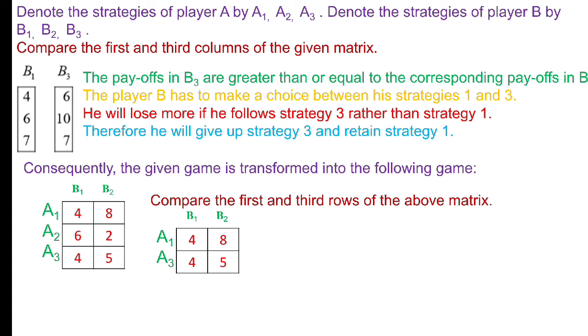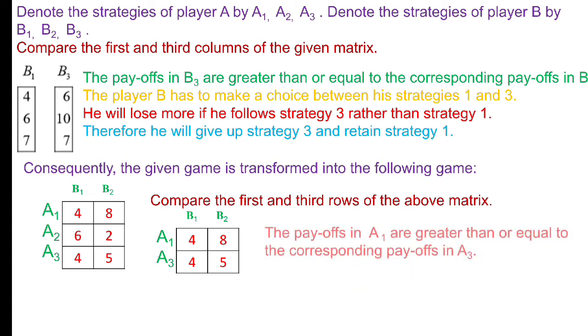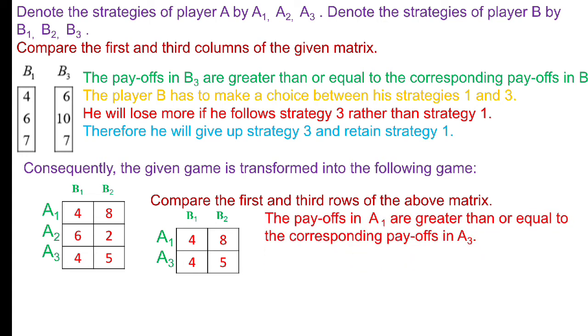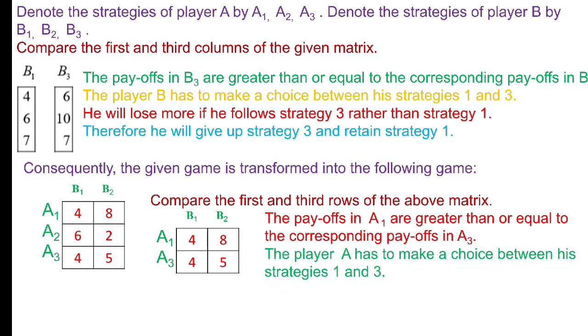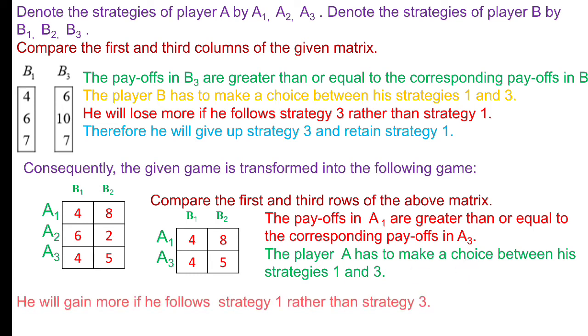So player A has to make a choice between strategies 1 and 3. Therefore strategy A3, with the row minimum, will be deleted. Then we'll consider A1 and A2.